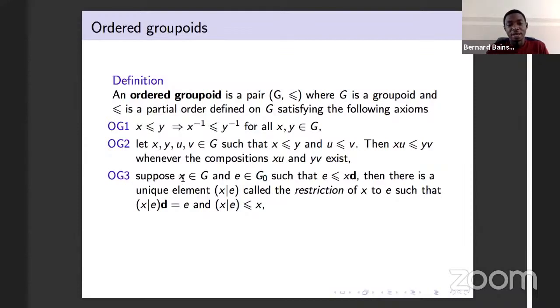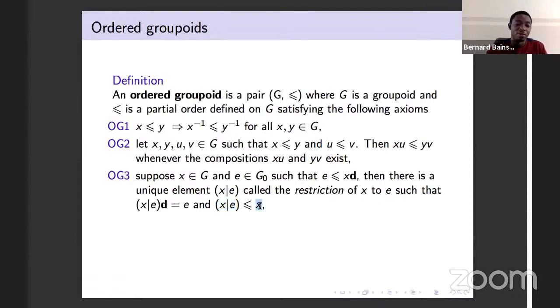So we say that if x is a morphism in G and e is an identity in G0, then given that e is less than or equal to the domain, so I'm using the bold font d for the domain, of x, then we'll be able to find a unique element which we will call the restriction of x to e, such that the domain of this restriction is e, and then this restriction is less than or equal to our morphism x.